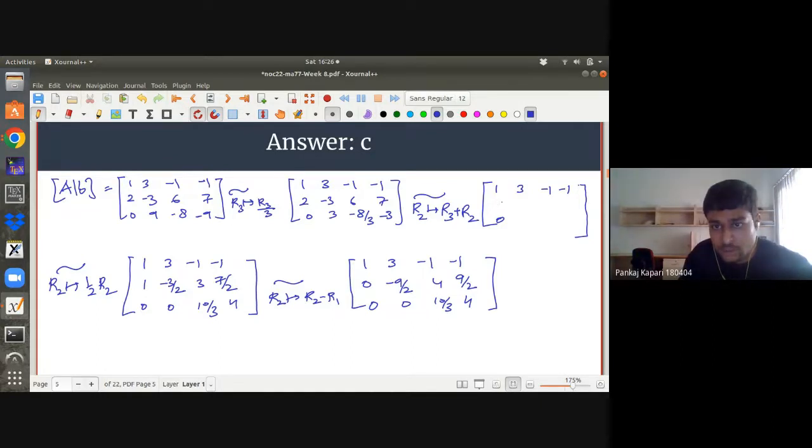So we are changing row 2 and we are adding 2 rows. So this is again 2. This will become 0. And 6 minus 8 by 3. And this will become 4. And we have 3 minus 8 by 3 and -3.